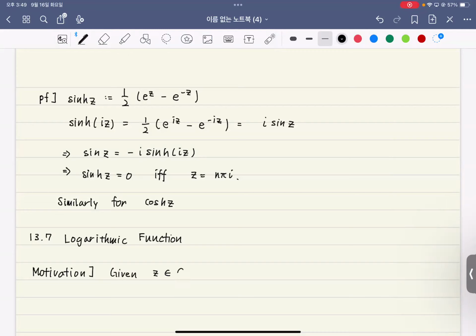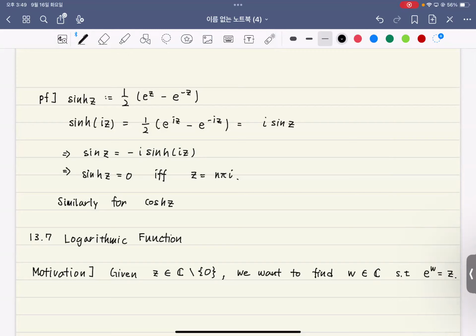I have a complex number Z, and this complex number is a non-zero number. We want to find a complex number W such that e to the W is Z. So I want to find such a complex number W. How can I do this?